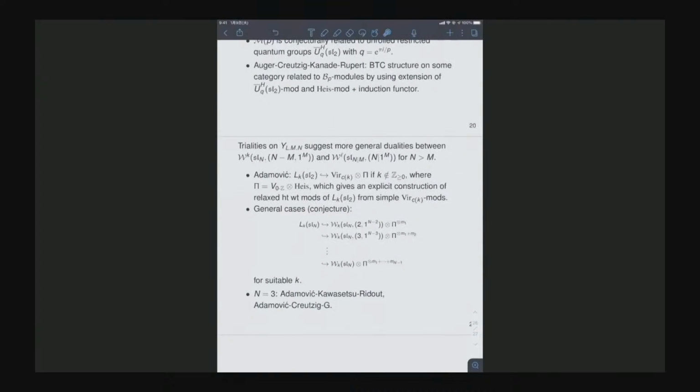And we conjecture it for the general case. We expect this to be useful to study logarithmic CFT using the duality. You see, this W-algebra appears in this duality. So the natural question is what happens on the super side, and how to define such an embedding in the super case.